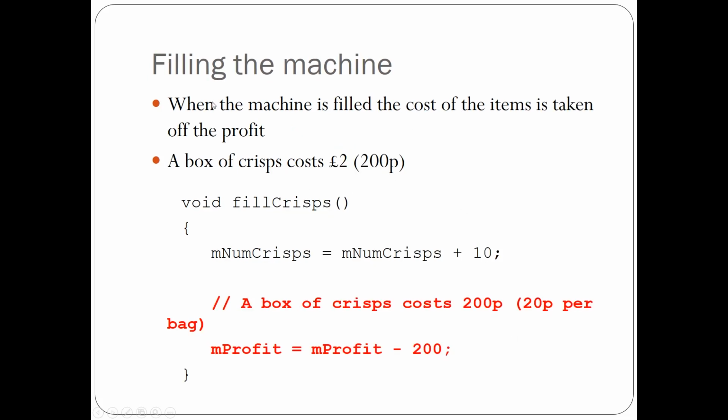We're going to modify some of the methods so that we take the cost of filling the machine off from our profit. So if you have a look at the fill crisps method here, we add 10 packets of crisps to the machine, but because we've spent £2 on that box of crisps, we're actually going to remove £2 from our overall profit.